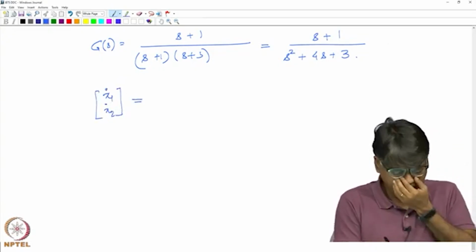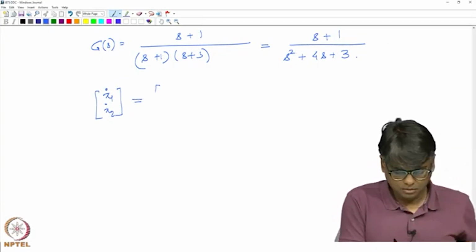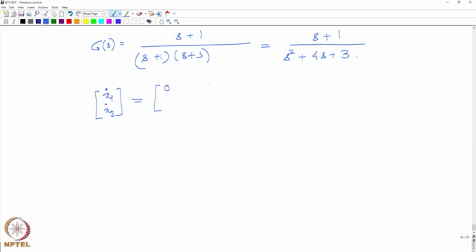It is going to look like [x1 dot, x2 dot] is equal to [0 1; minus 3 minus 4] times [x1, x2] plus [0, 1] u, and y of course is equal to [1 1] times [x1, x2].